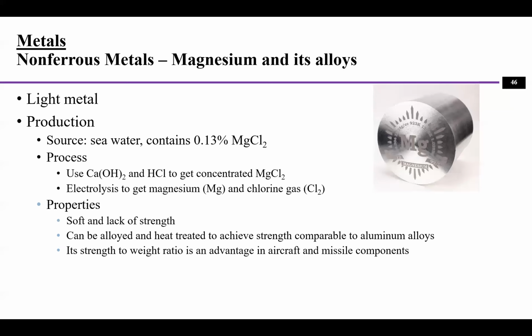If it's higher, it means we can use this property to design devices or components, especially for the aerospace industry, because the higher the weight of the material, the more power and energy you need, and it might cause some other issues. That's why materials with a higher strength to weight ratio are better used in the aerospace industry. Another example will be titanium.